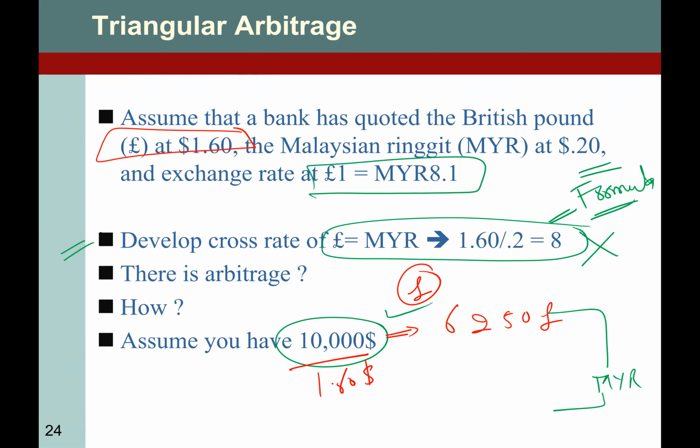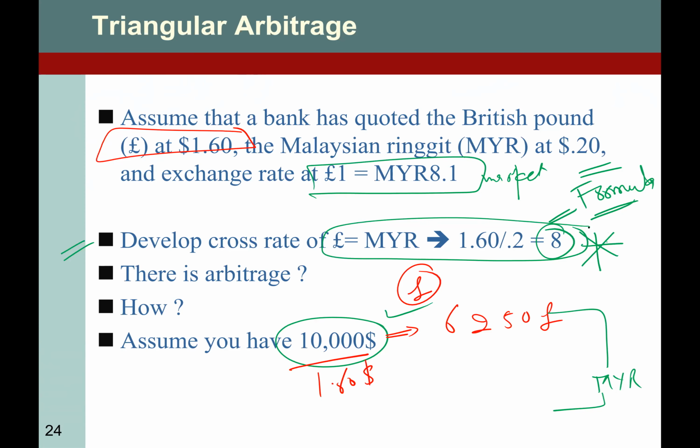According to the fundamentals, according to the logic, the value should be 8. But in the market, it is sold and bought at 8.1. So you cannot use this cross exchange rate because you developed it through a formula. It is not the market value.